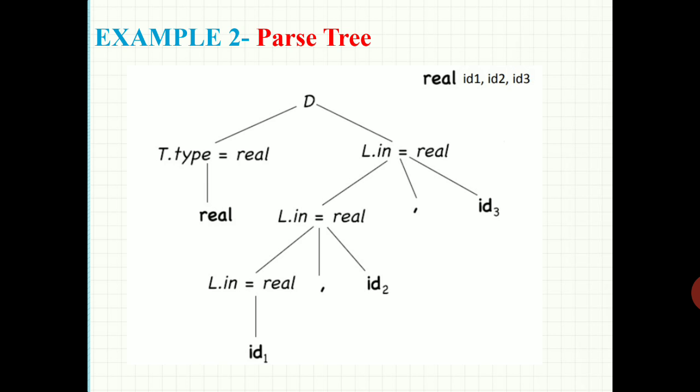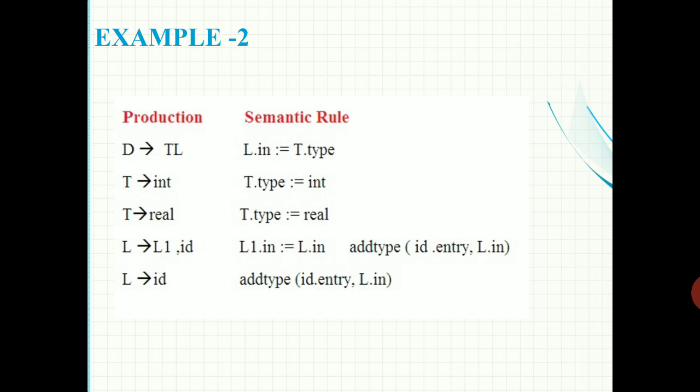So first the type of real is evaluated, then the right part of this in-order traversal will give the corresponding result. This grammar is mainly used as a symbol type checker. That is, if we define a particular variable, we are going to check the type.